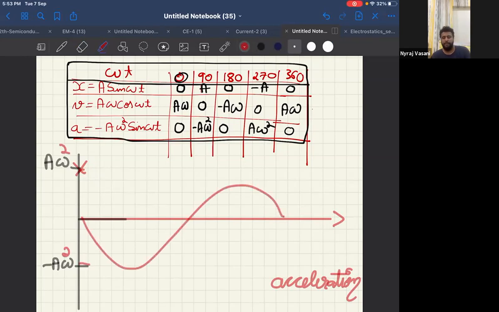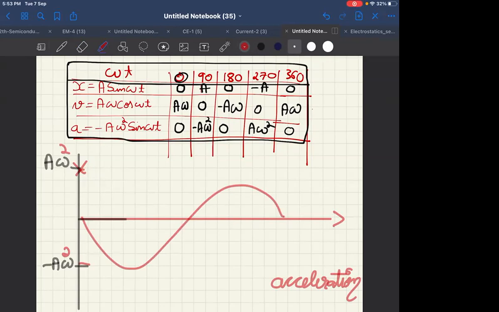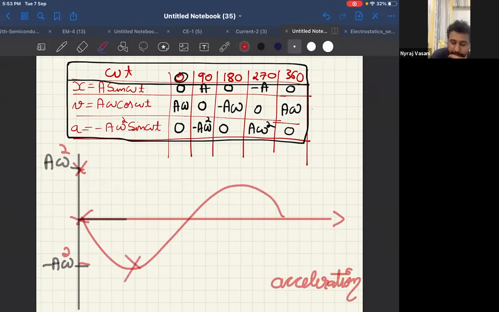Tell me if you have understood this graph of acceleration that I have drawn. Yes, sir. 0, minus A omega square, 0, A omega square, 0. This is omega t.